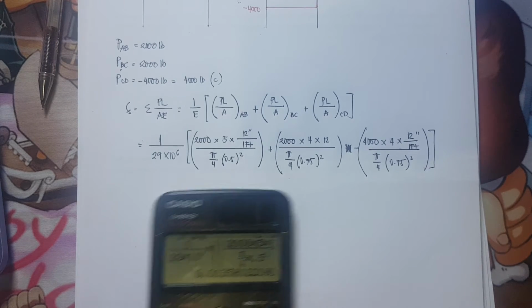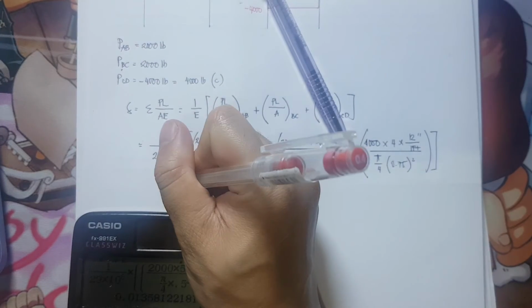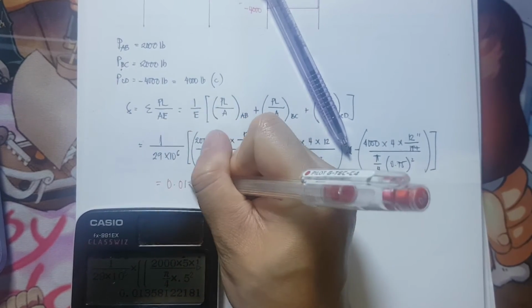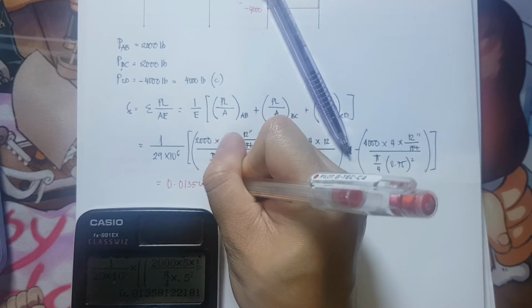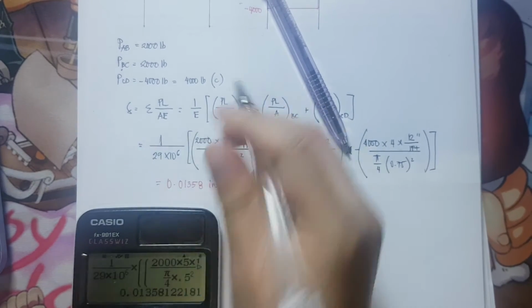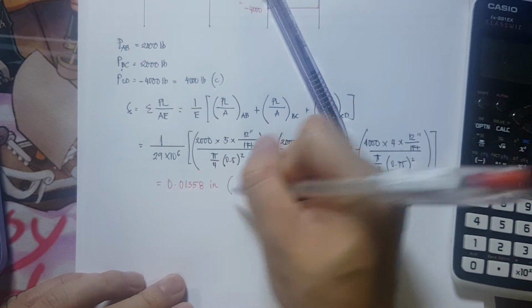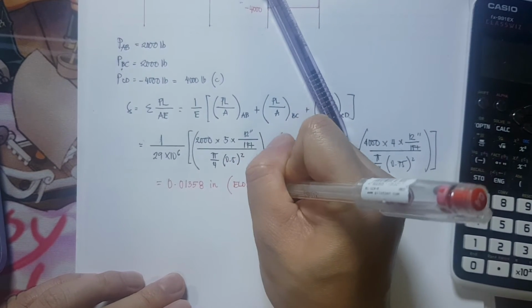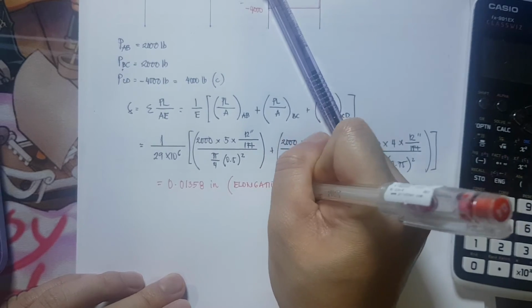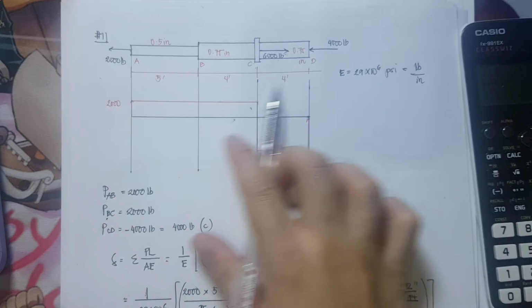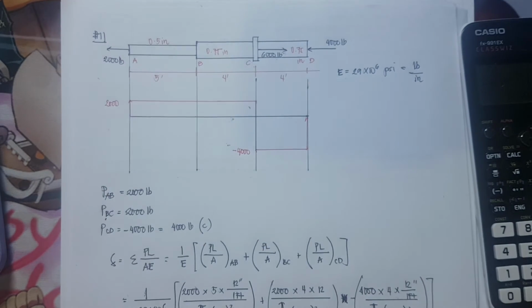And that is equivalent to 0.01358 inches. Okay, so this is the deformation, or what we call the elongation, of our propeller. Okay, so this is the elongation of the material.